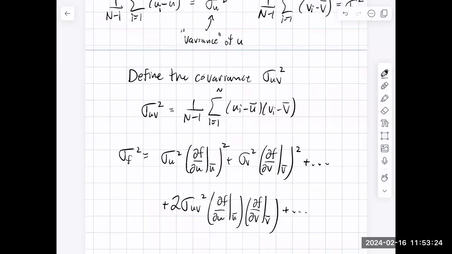Sometimes, like half the time, this ui will be less than the mean, and half the time it'll be more than the mean. And so I'm going to be summing up some negative numbers and some positive numbers, and they're just going to sum up to 0. Same thing for the v variable, and in fact, same thing for the product of the two. So if your data follow normal Gaussian distributions, this covariance should vanish.